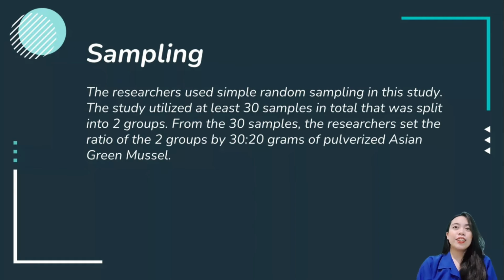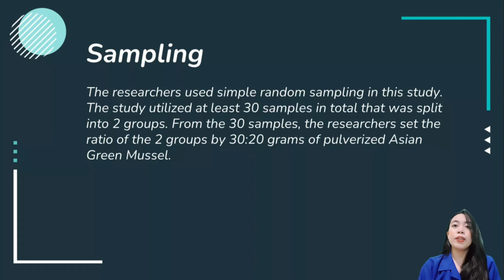The researchers used simple random sampling in this study. The study utilized at least 30 samples in total that were split into two groups. From the 30 samples, the researchers set the ratio of the two groups by 30 and 20 grams of pulverized Asian green mussel shell. The first group is comprised of 15 samples with 30 grams of pulverized Asian green mussel shells and 60 grams of paper pulp per sample.